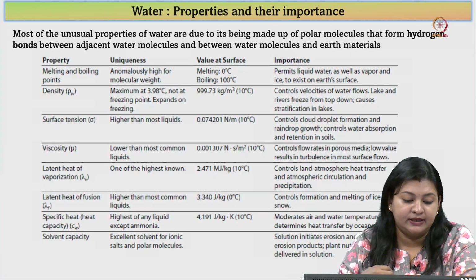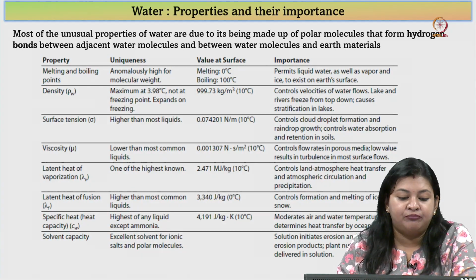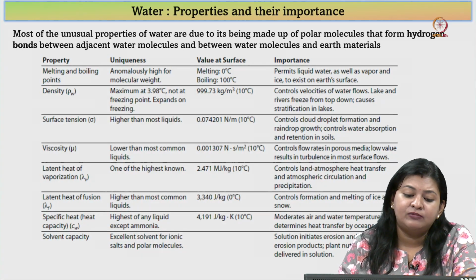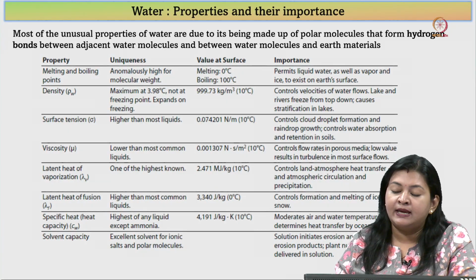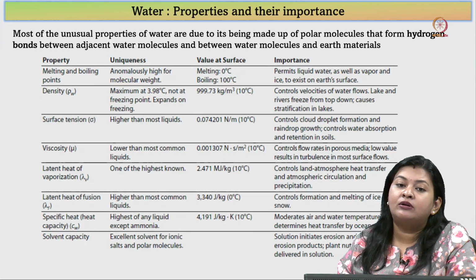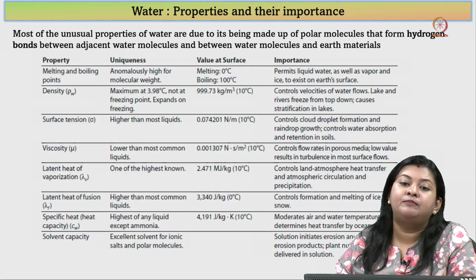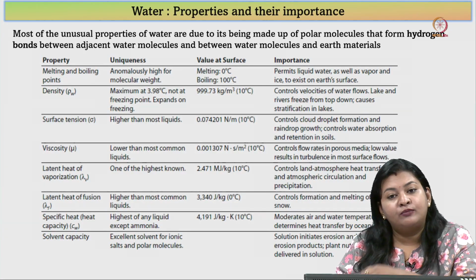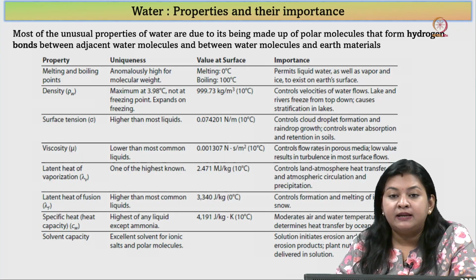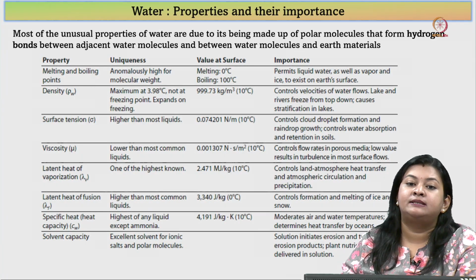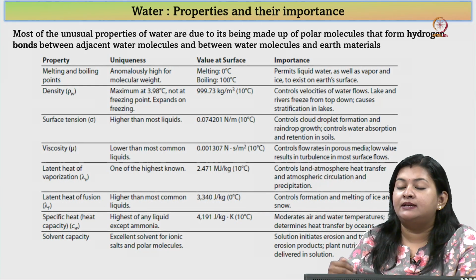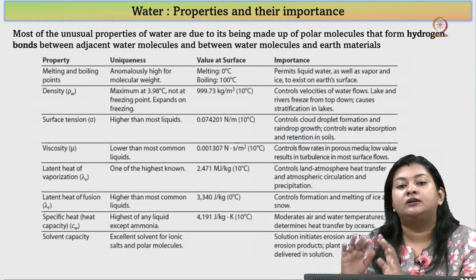So, the first point is the melting and boiling point, which is extremely anomalously high for the molecular weight of water. What importance does this melting point and boiling point have on the earth's water cycle? It permits water to be in the liquid state as well as the vapor state as well as the ice state on the earth's surface.